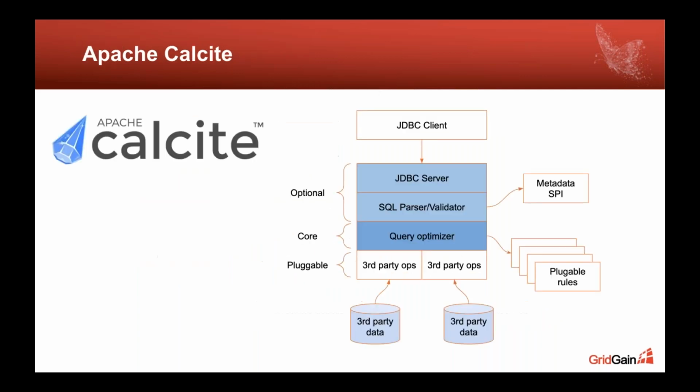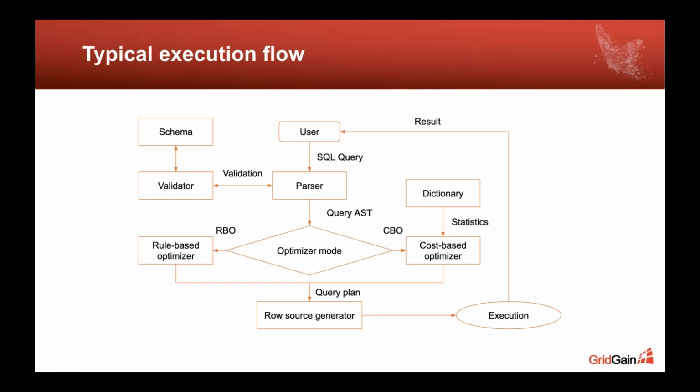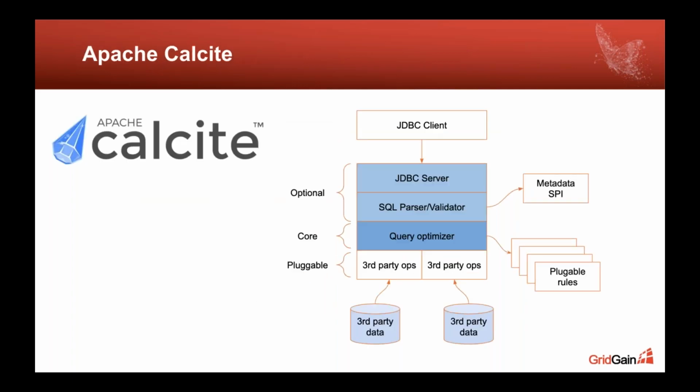But fortunately, there is a library, the Apache Calcite library. Actually, it's a framework for building query engines. It has almost all the components I showed you in this example, except a storage layer.